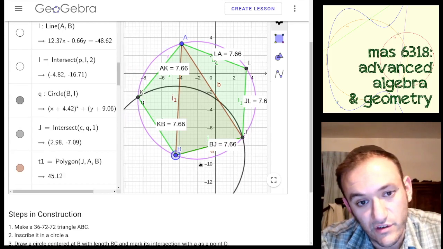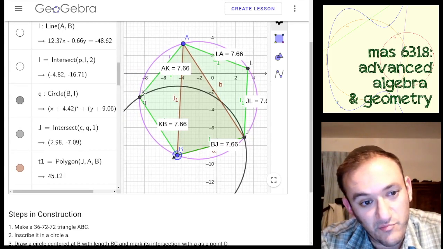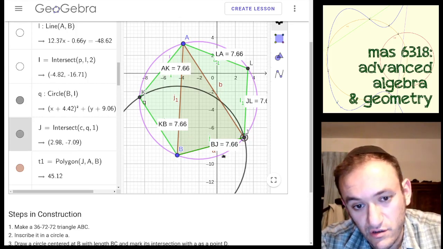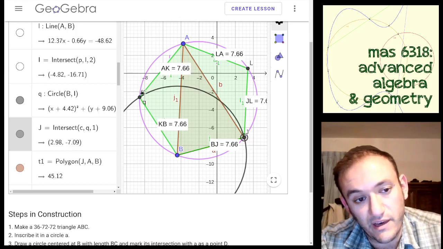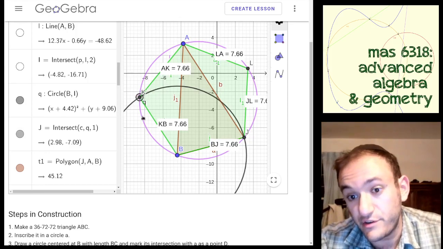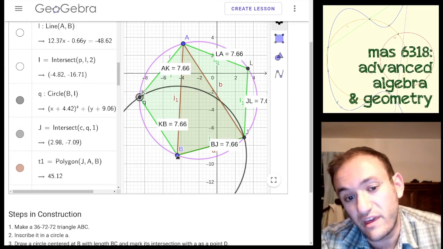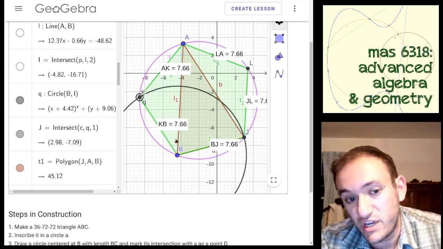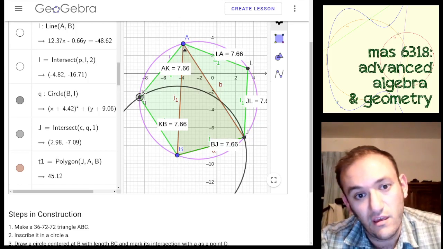So we have a circle centered at B through J, which we use to build the other intersection point K. So now we know that the length of BJ is also equal to the length of BK.